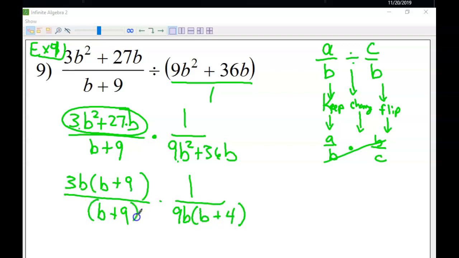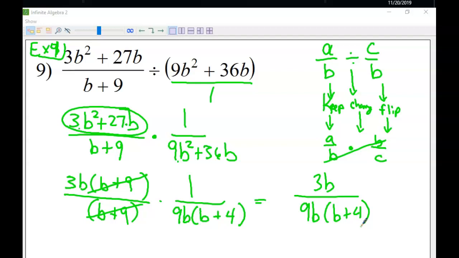Okay. So what cancels here? Good. So this is what I have left right now, right? We have 3B over 9B and B plus 4. We can also cancel 3B and 9B, right? You're right. So that's our next thing.